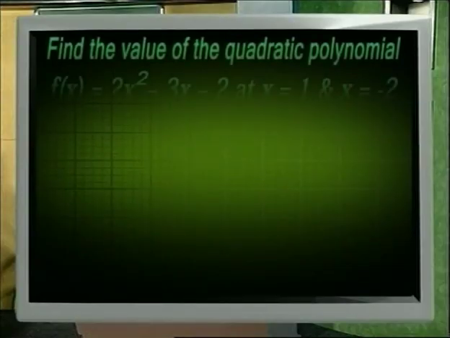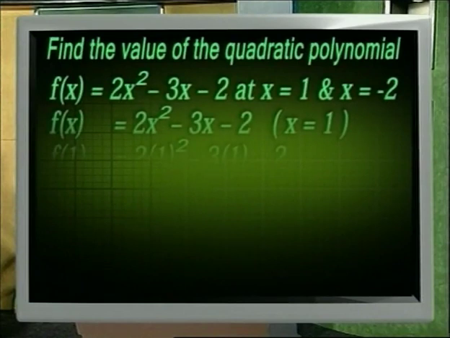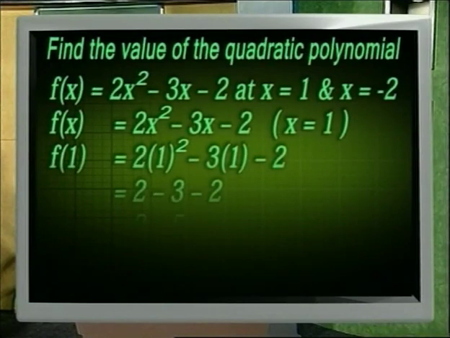Find the value of quadratic polynomial f(x) is equal to 2x square minus 3x minus 2 at x is equal to 1 and x is equal to minus 2. f(x) is equal to 2x square minus 3x minus 2.